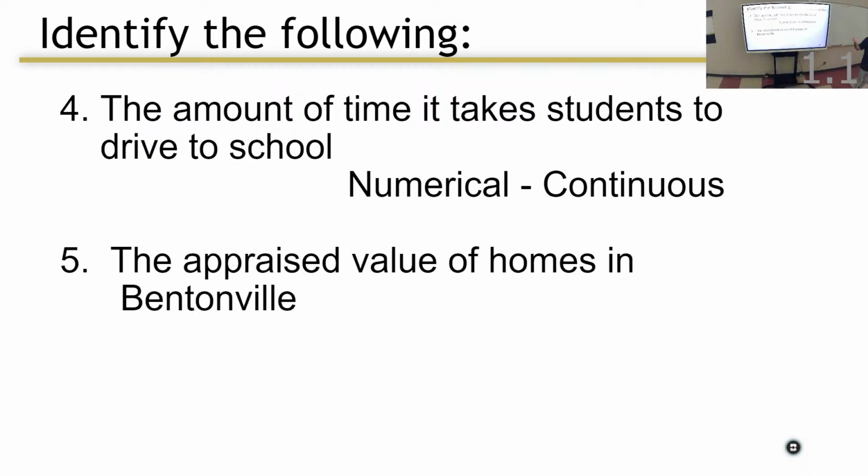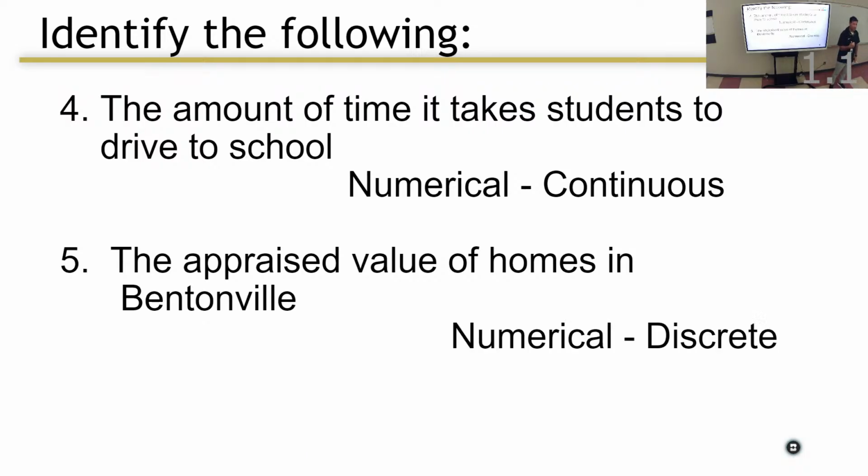This one gets debated: the appraised value of the home. First of all, that's quantitative. Now, is it discrete or continuous? It's money, so you could count it. However, if I'm making a graph of this, I'm not making a discrete graph, because a discrete graph has a dot for every single value of the home.